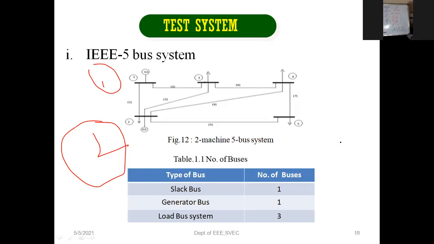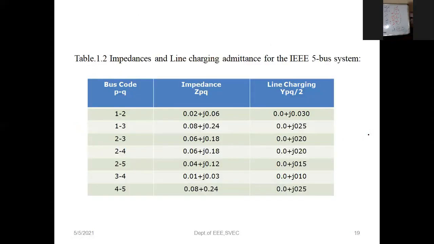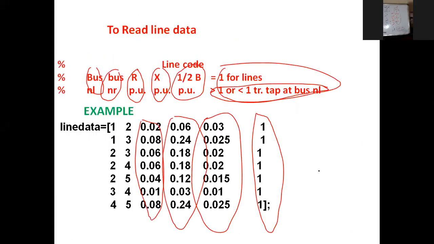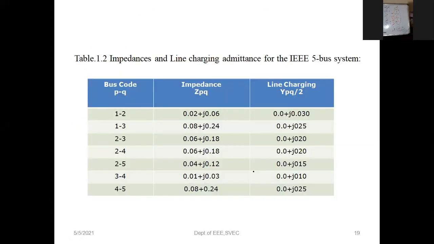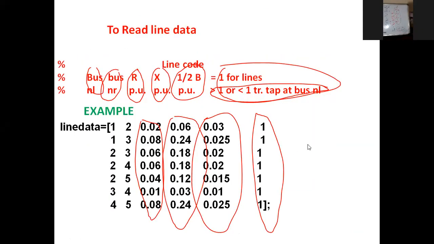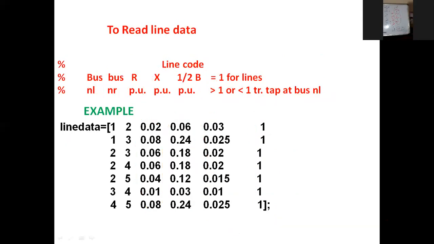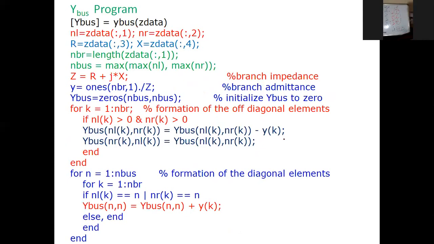Very good. So now you see that I am reading the data. In which format have I read the data? Matrix form. So these are all completely line data.